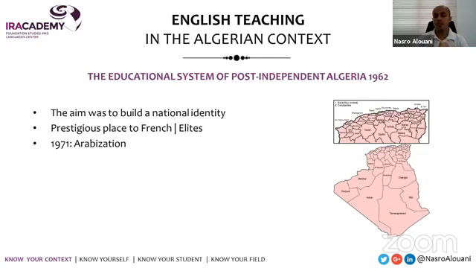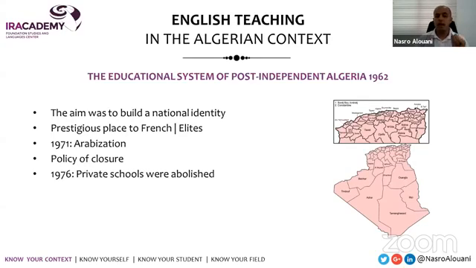In 1971, the Arabization process started, with the policy of closure. So Algeria tried to Arabize the process of education and the curriculums, and in 1976, with the policy of closure, private schools were abolished. Only public school remained, and it became compulsory.